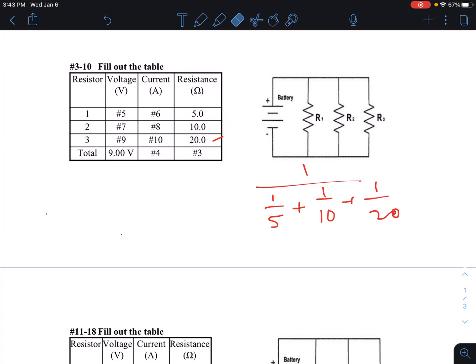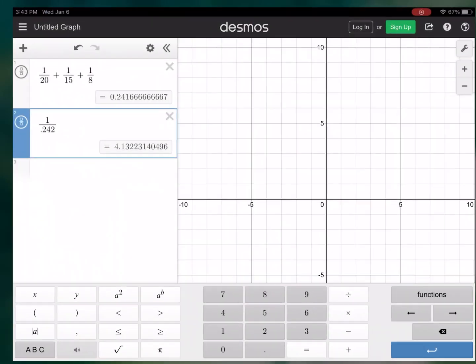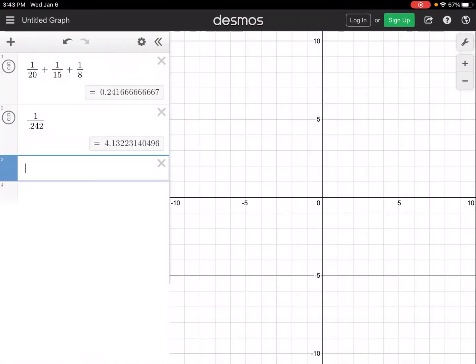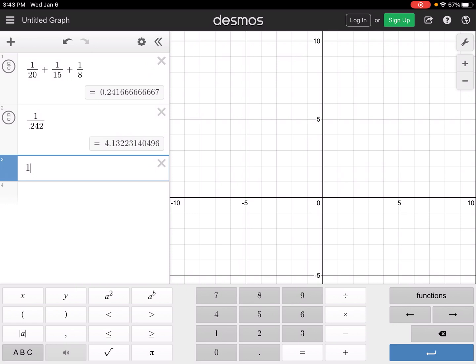Okay, so that's how we do the problem, and we just need to put the numbers into the calculator. We go 1 divided by 5 plus 1 divided by 10 plus 1 divided by 20.